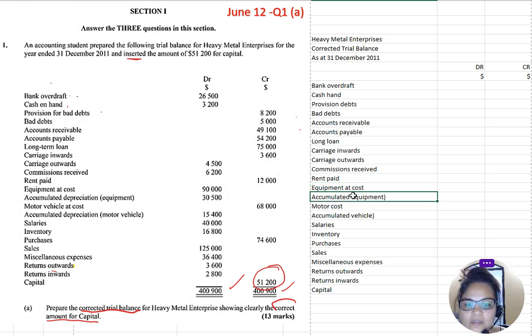accumulated depreciation of equipment. So I want to have the same thing as the examiner had, right? Motor vehicle at cost.